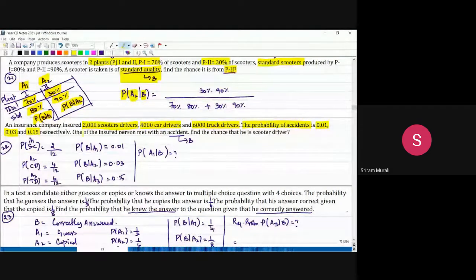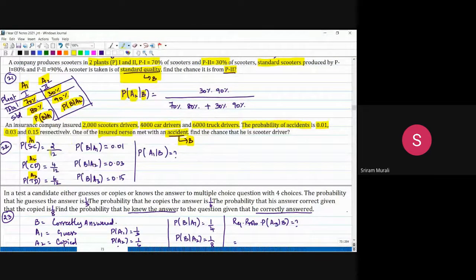One of the insured persons met with an accident. Find the chance he is a scooter driver. So 3 types of components are given. Scooter driver is A1, car driver is A2, truck driver is A3. Met with an accident is B.